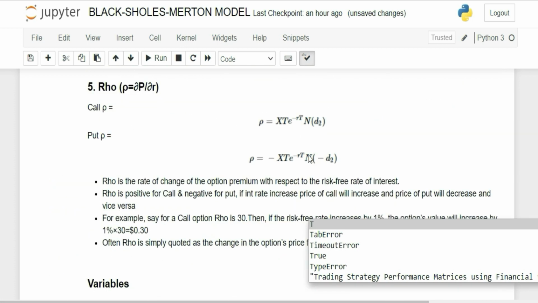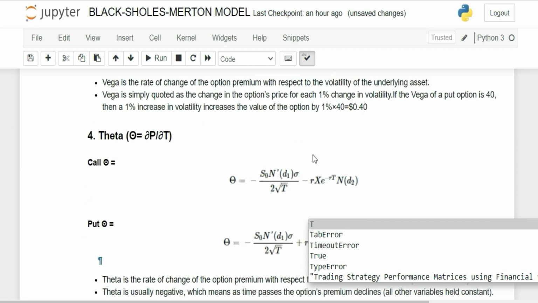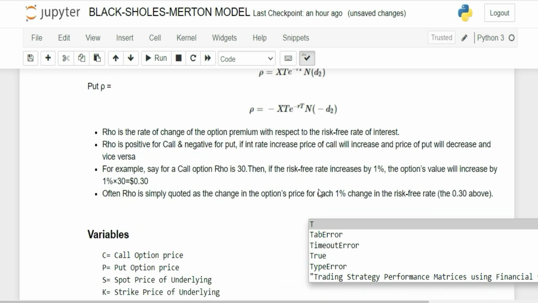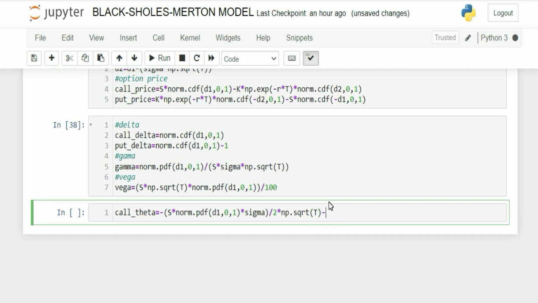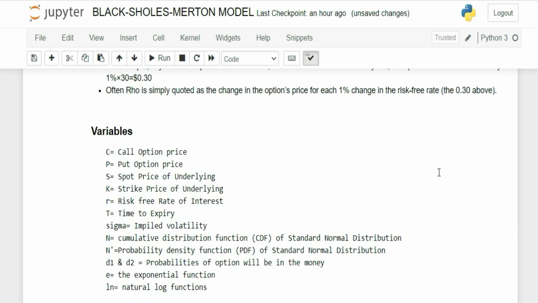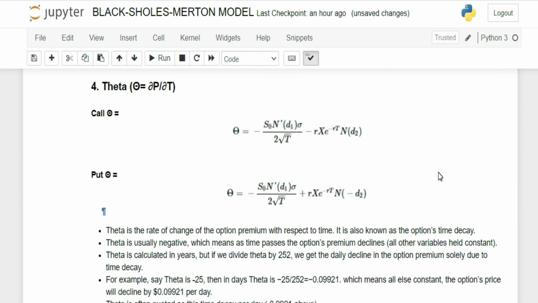We put X here, but actually we have taken K. So minus r into K into e to the power rt, so minus r into K into np.exp to the power minus r into T, into N(d2).